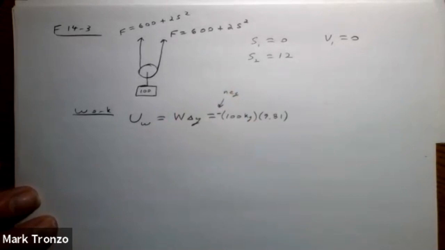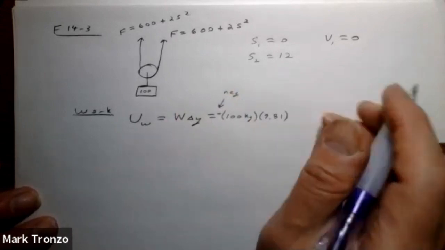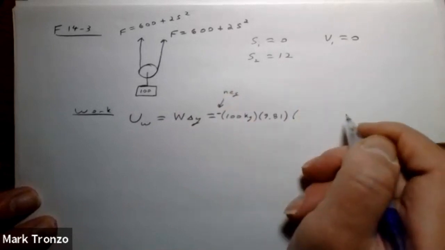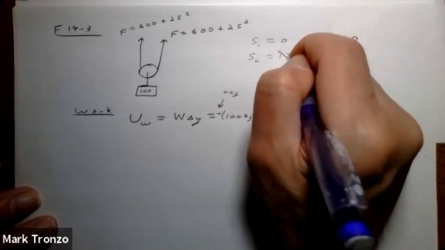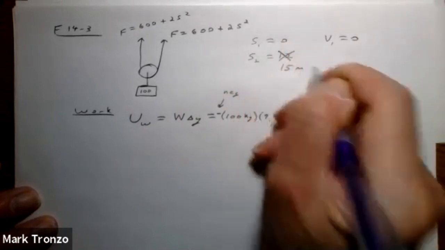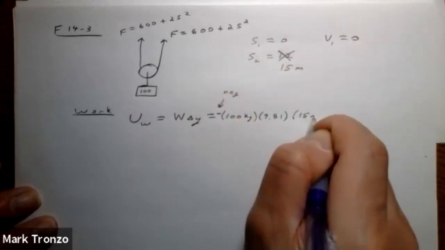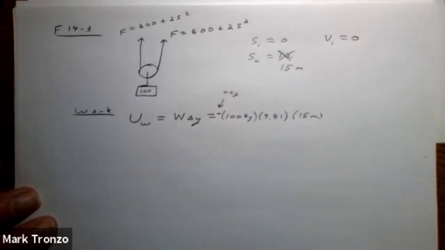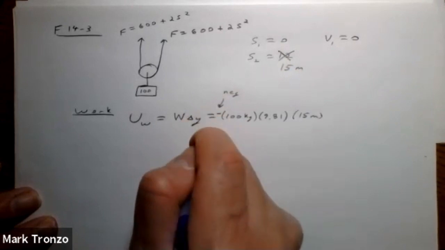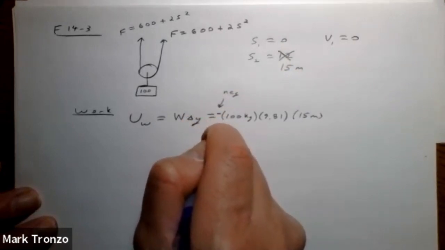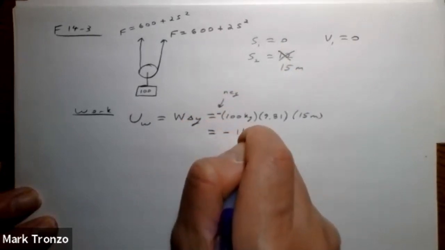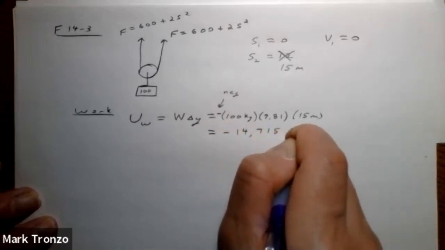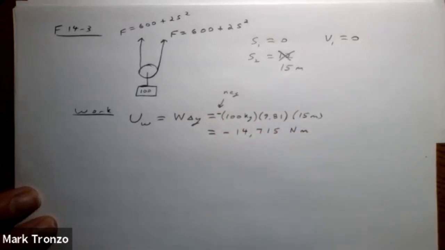Remember, anytime it's rising, it's going to be negative. And it's rising 15, see, I wrote this wrong here. This is 15 meters. Fix that up. That's 15, not 12. And when you put this all in your calculator, you get that the work due to the weight is 14,715 Newton meters.